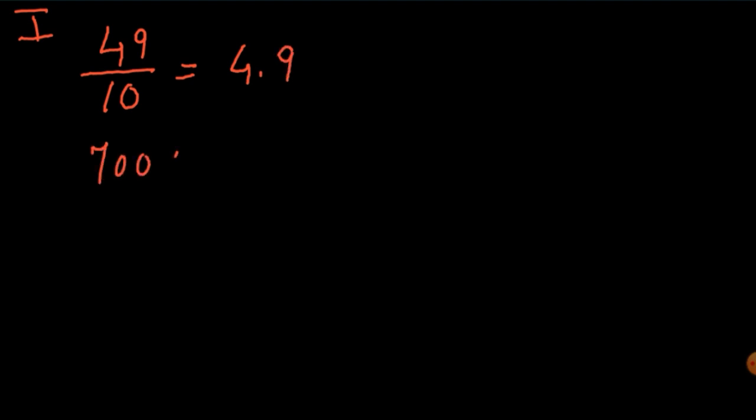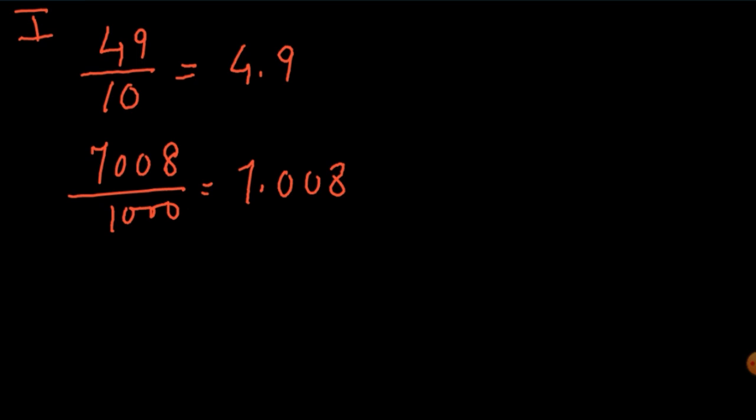If I take one number, 7008 upon 1000, so here again 1, 2 and 3 zeros, so just see, the decimal will be after 7, so it will be 7.008. So this was when you are given denominators like 10, 1000.